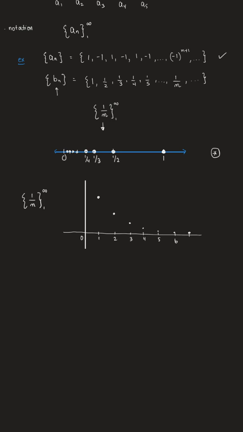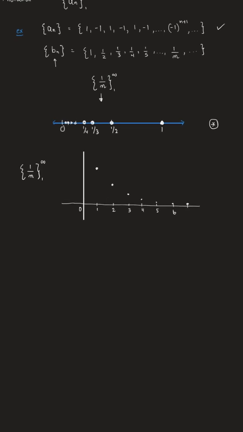So let's try to formalize this a little bit since it's a big idea. Convergence and divergence of sequences. I'll define it and then talk about examples.